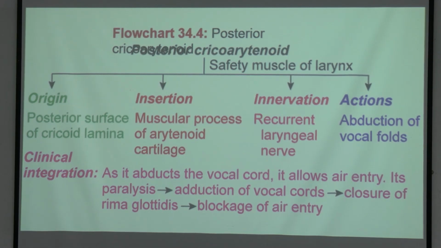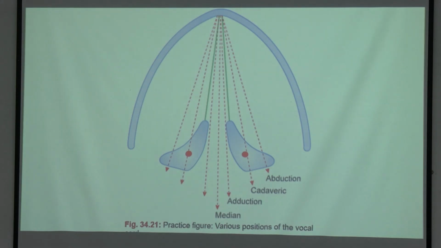cranial accessory. Anyway, there are two types of lesion of the superior laryngeal nerve or recurrent laryngeal nerve. So these are the different positions of the vocal folds in nerve injury.